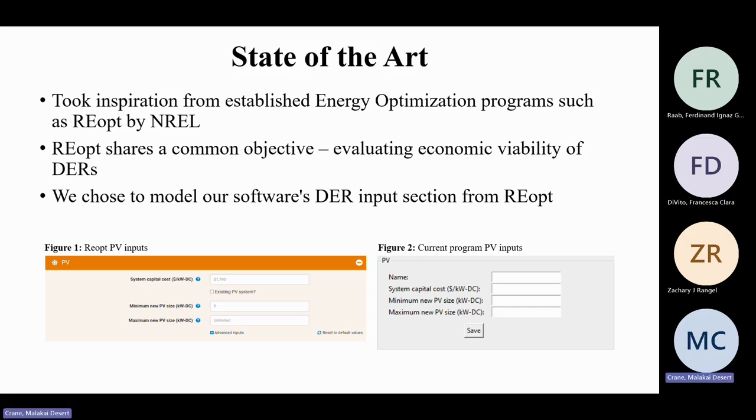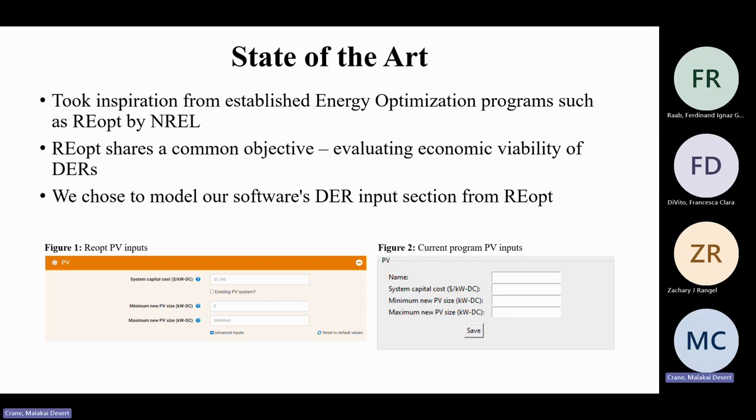For state-of-the-art, we took inspiration from REopt, which is software made by NREL. REopt has a lot of things in common with our project. They share a lot of common objectives, such as economic viability of DERs, as well as sustainability.